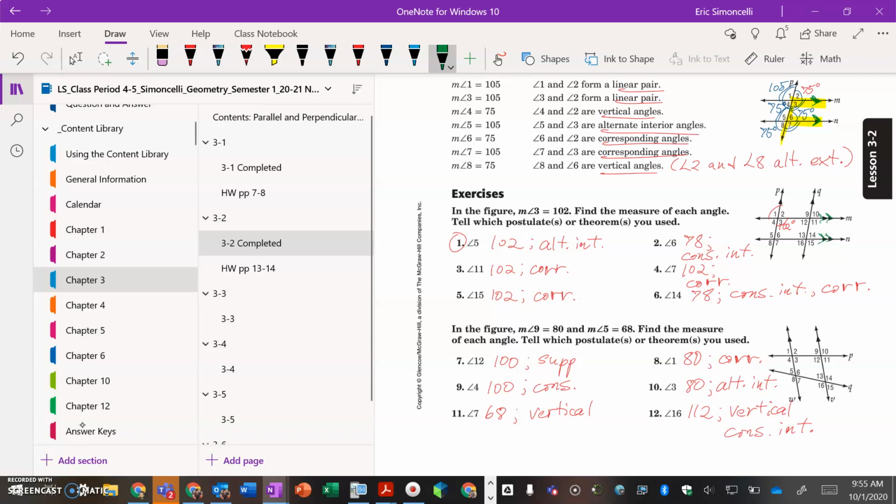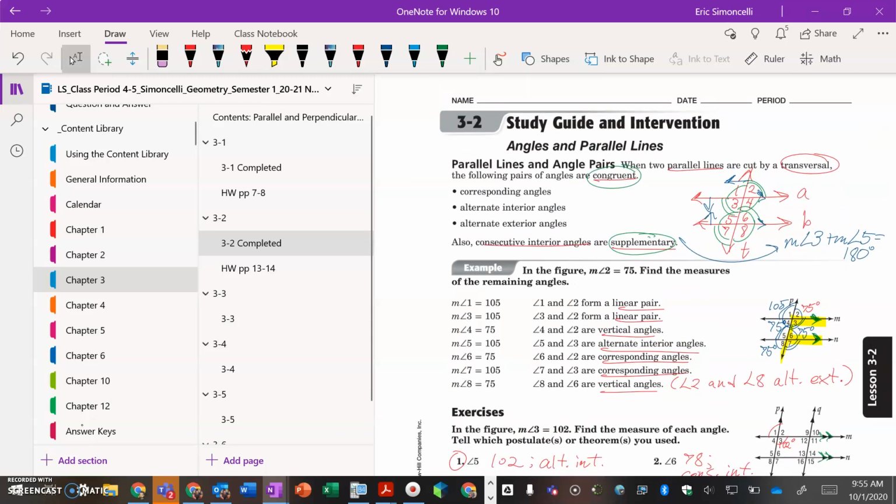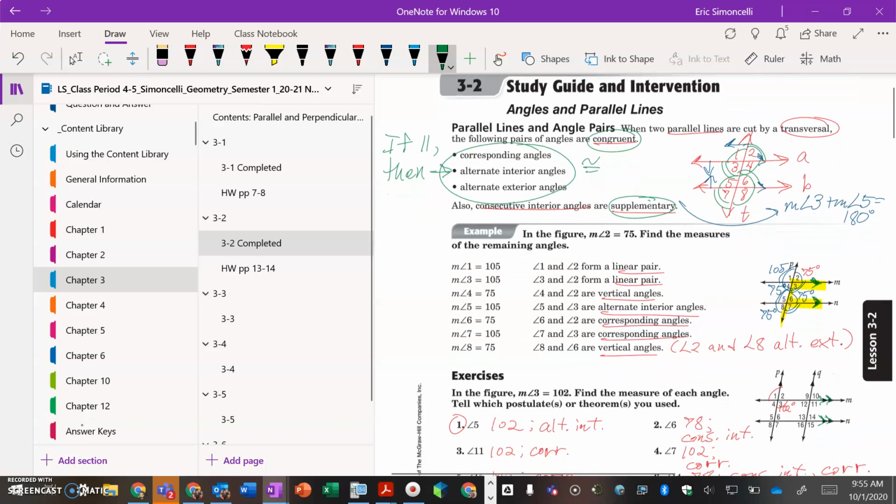If the lines are parallel, listen very carefully, if the lines are parallel, then all of these statements from up above, all of these conclusions really help us define why they're congruent, or they are congruent is the finishing kind of statement there.